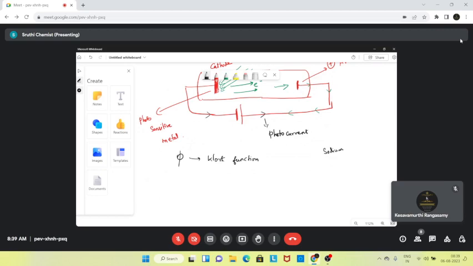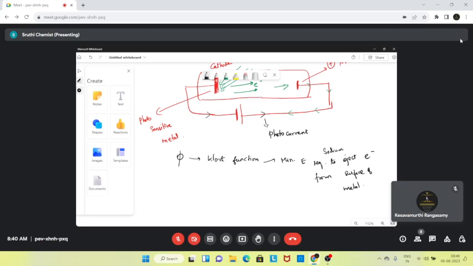Work function is simply the minimum amount of energy required to eject an electron from the surface of the metal. That is your threshold energy or threshold work, whatever we can say. This is very important: from the surface of the metal.